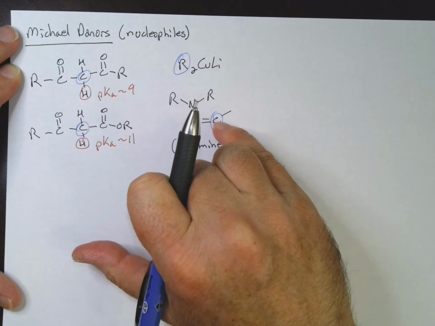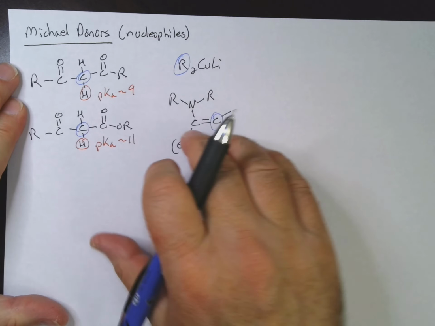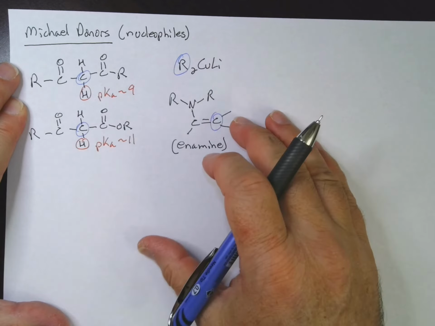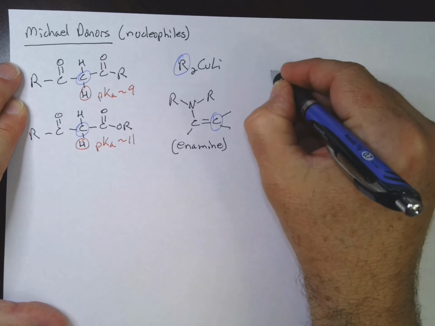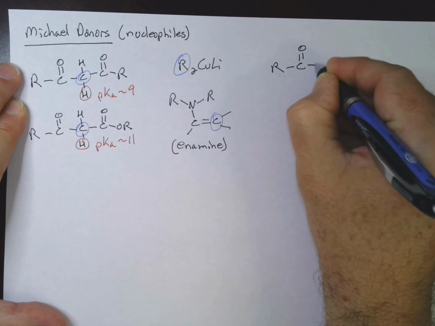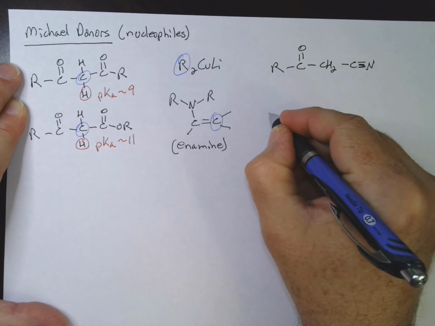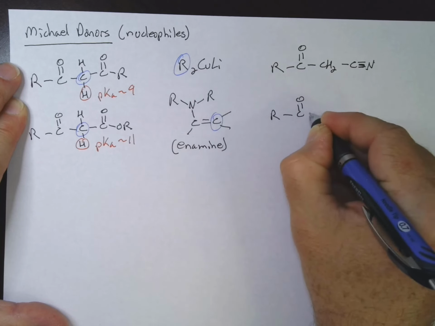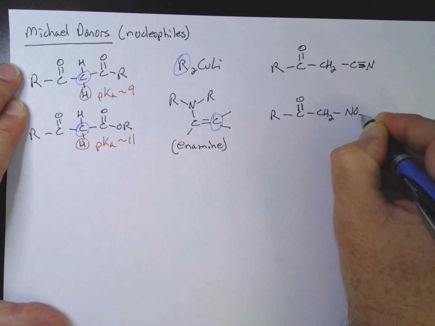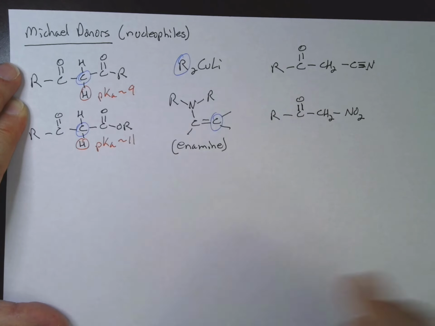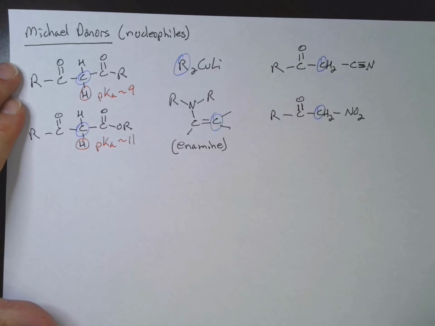But anyway, enamines are more nucleophilic than enols. So a lot of times it's easier to make an enamine and react that than it is to maybe make an enolate. You don't have to deal with things like LDA and stuff like that. And then we could have other keto species with something electron withdrawing adjacent to the alpha carbon so that it stabilizes the enolate that is formed.